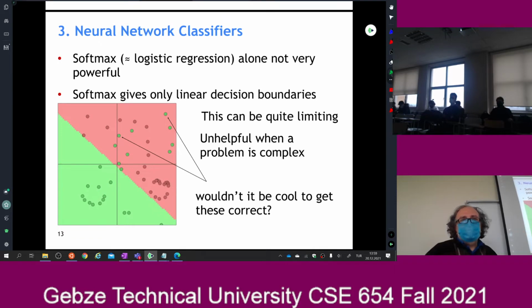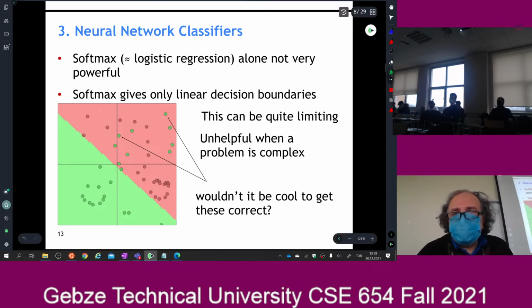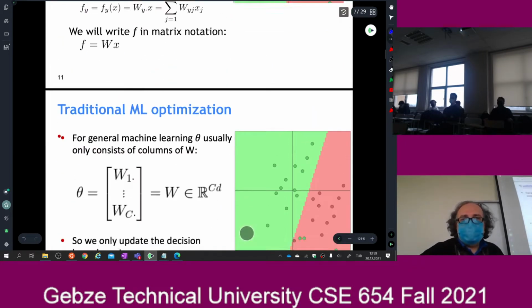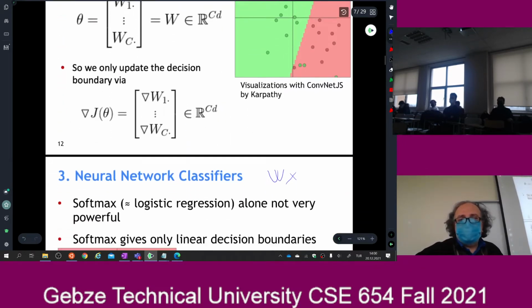A simple neural network does it with just a single matrix. Softmax gives only this one. The problem with the single W: remember what we are doing, W is our 2 by 2 matrix, and this is our feature vector or the sample vector. I multiply this, I get a vector, and I put it inside this softmax, and I get my result.